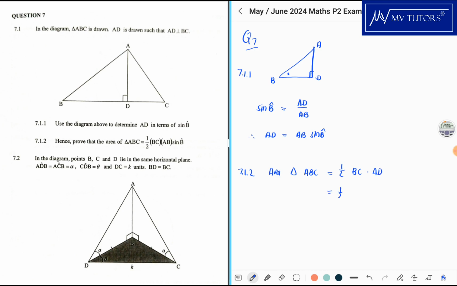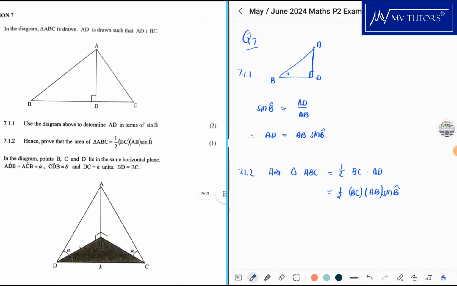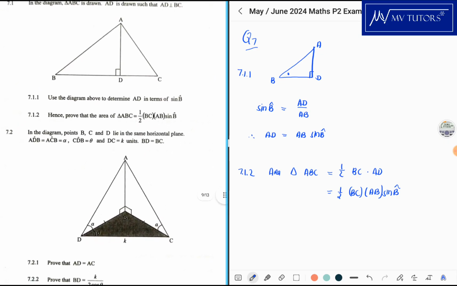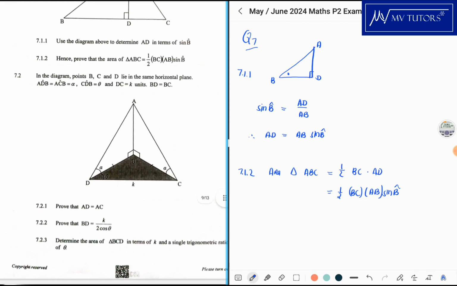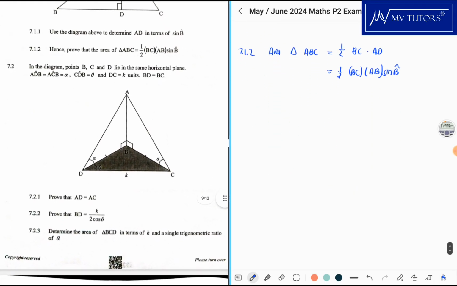So I am going to just leave BC as it is, and AD I have written in terms of AB. So AB sine B, and that's exactly what they wanted. I'll put in the brackets. That's it. 1 mark, as expected.